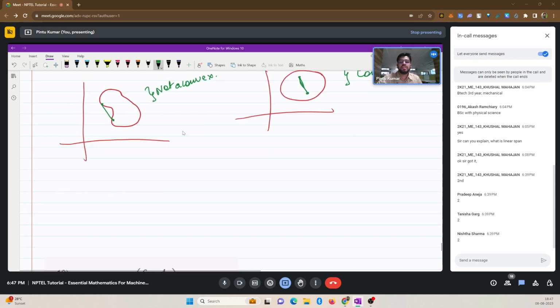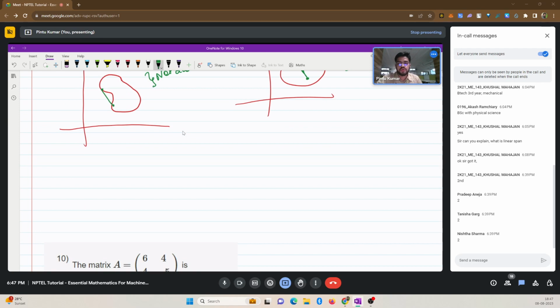Similarly, let's say you have your number line. If this particular interval is your set, then if you take any 2 points in this interval, the line joining these 2 points will always remain in that set. So this is a convex set.